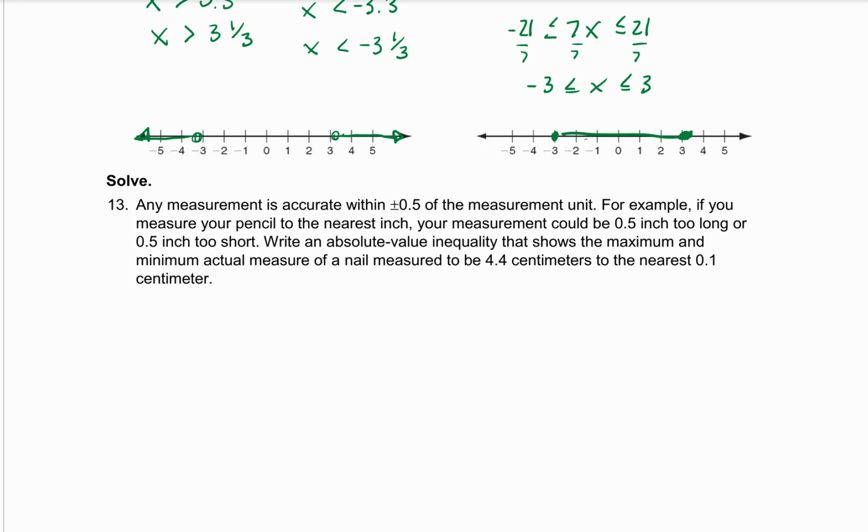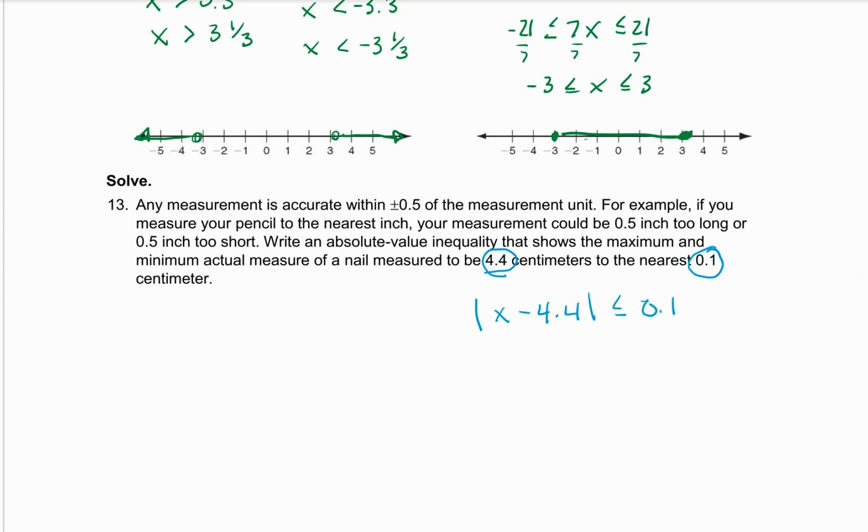So here's the deal. Here's what you're going to do. Whenever I'm setting these up, this is my measurement, and then this is my variability. So the variability is going to go here. I'll show you. It's going to be x minus my measurement, absolute value, has to be less than or equal to my variability.